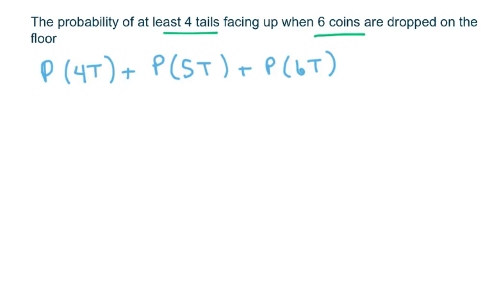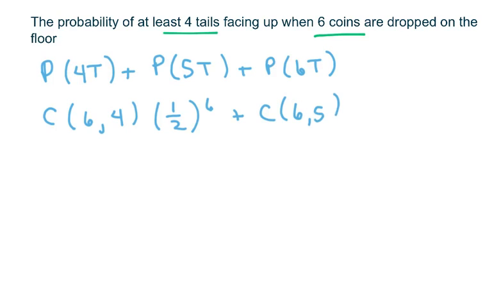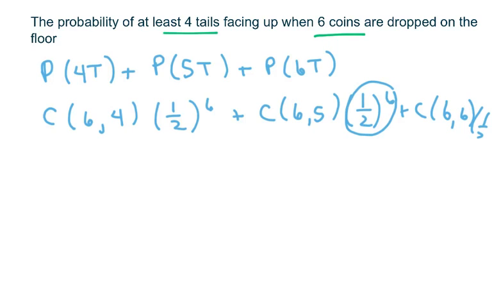So I'm going to use my binomial theorem, that's C 6, 4, and I can just do 1/2 to the 6th plus C 6, 5, and that's going to be 1/2 to the 6th. This is basically your denominator right there, plus C 6, 6 times 1/2 to the 6th.